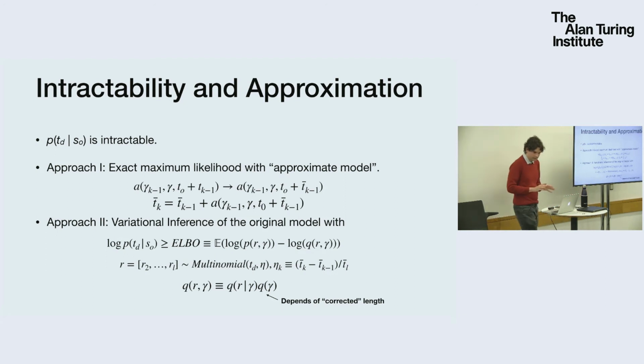It does provide a different way of thinking. Instead of an approximate model with exact inference, this is approximate inference from an exact model, the model that motivated things to begin with.